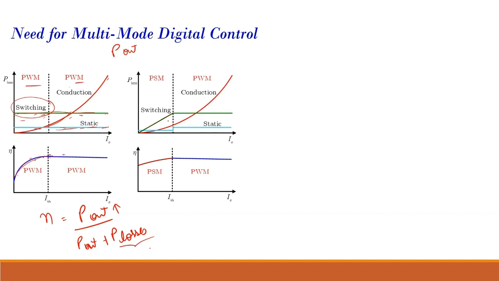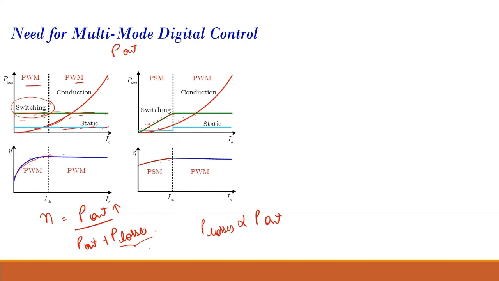But in the other case, the switching loss increases as the load increases. So your losses are not fixed; in some sense they are directly proportional to your output power. As your output power is increasing, your switching losses also increase, but your output power also increases, and so your effective losses in comparison to your output power are in a good ratio, and you get a higher efficiency.